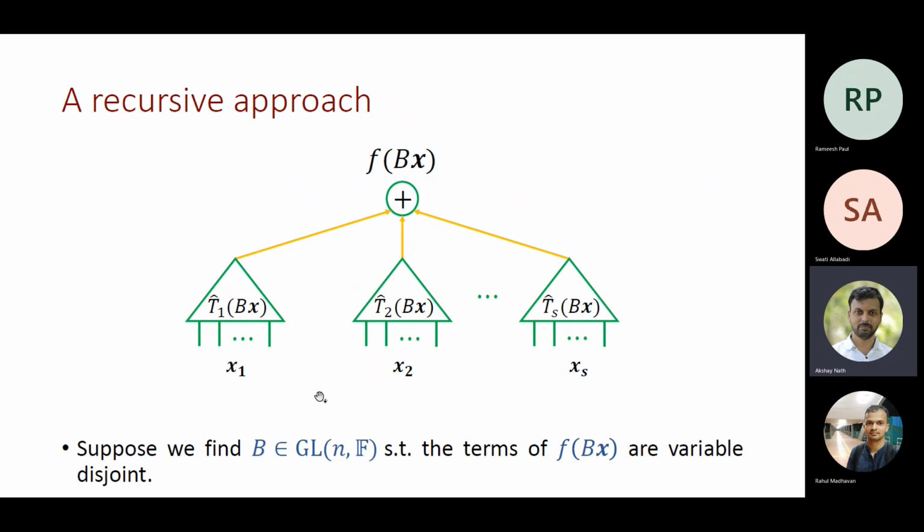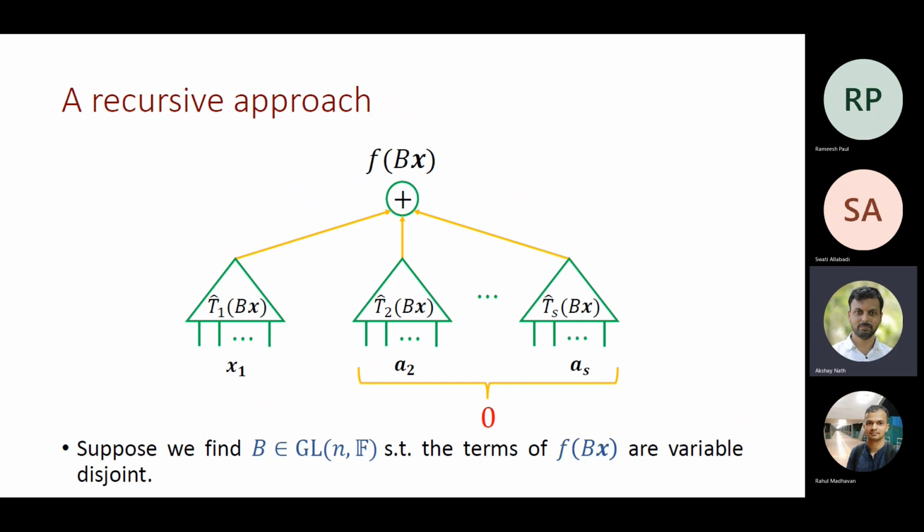Now what we can do is find a2 to as, so that if I replace x2 by a2 and so on up to xs by as, then the sum of all the terms except the first term is 0. So now what we get is black box access to the first term of f of Bx, right? And then we can factorize this term and recursively perform ET on its factors.